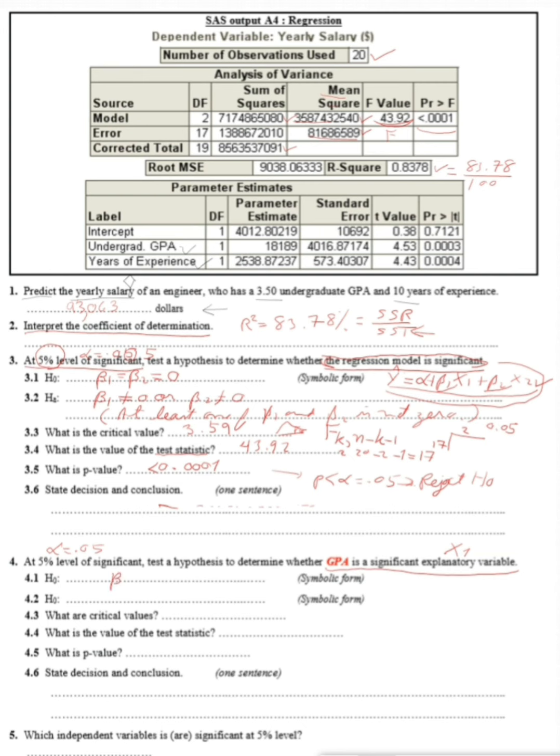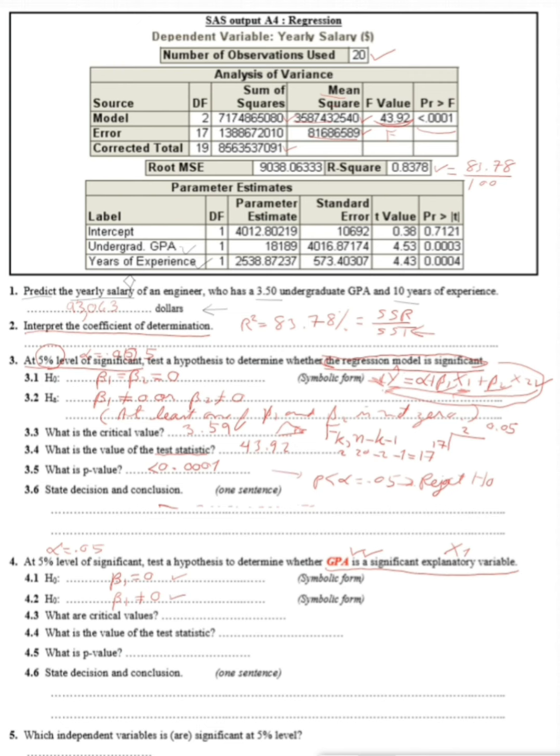So beta 1 equals 0 is H0, and beta 1 is not 0 is HA. If beta 1 is not 0, then if you change x1 value, y hat will change also. You will see the effect of x1 on y, the effect of GPA on salary. That means GPA explains salary level, more or less. So you write this way, H0 and HA.